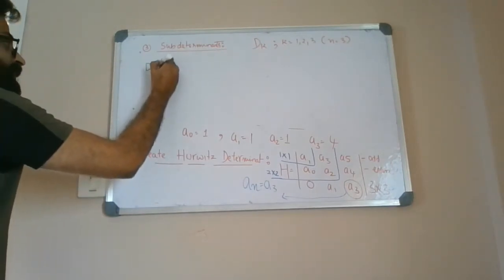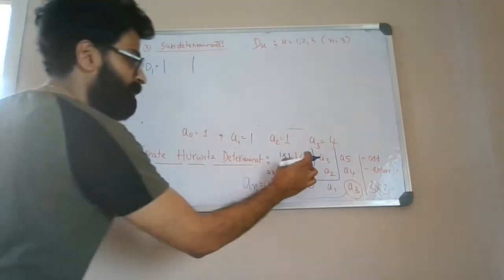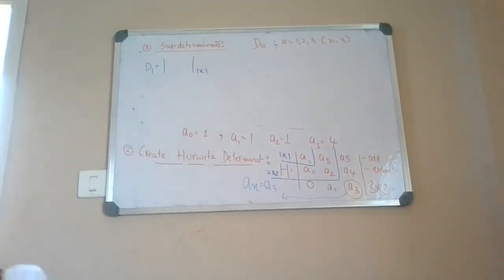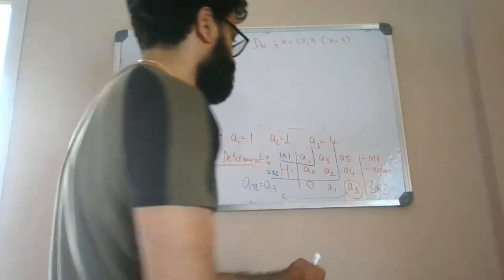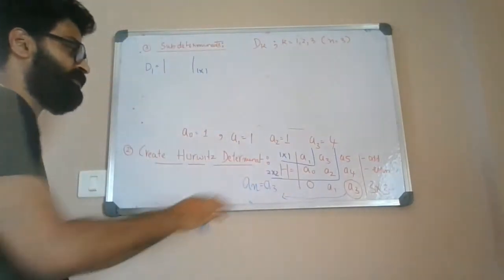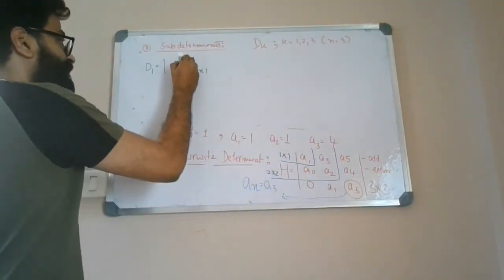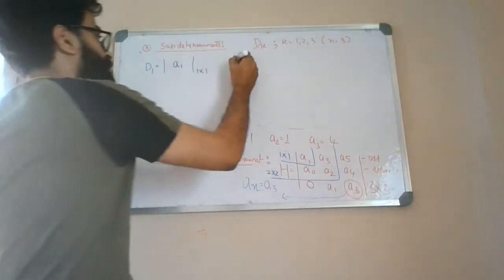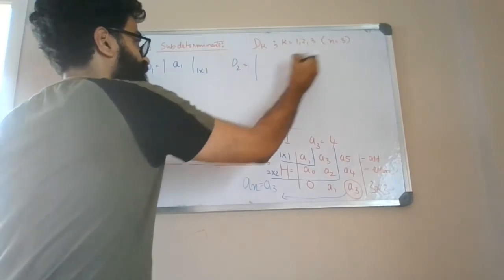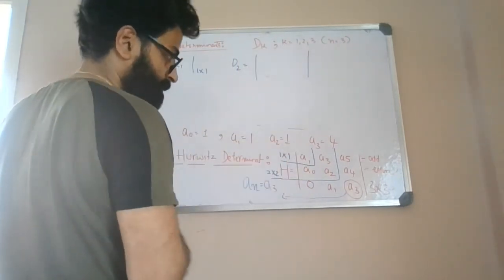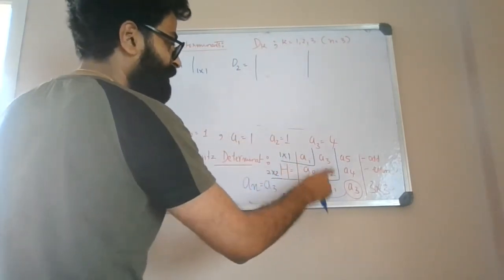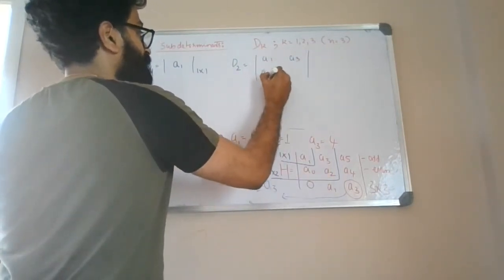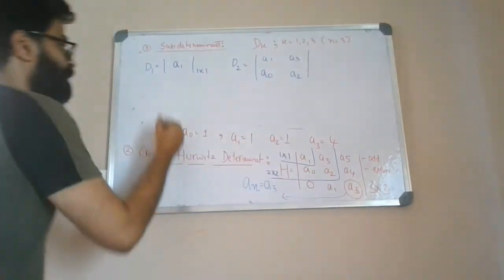So D1 is basically a 1 cross 1 dimension. If you try to find the 1 cross 1 determinant from your Hurwitz determinant H, you will get A1 as your first subdeterminant. And your second subdeterminant is A1, A3, A0, A2.